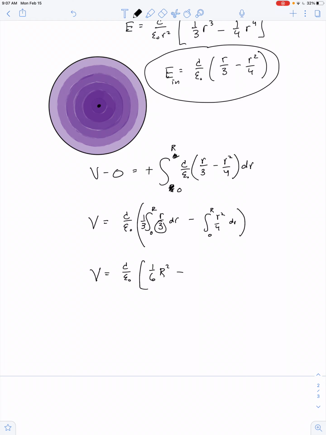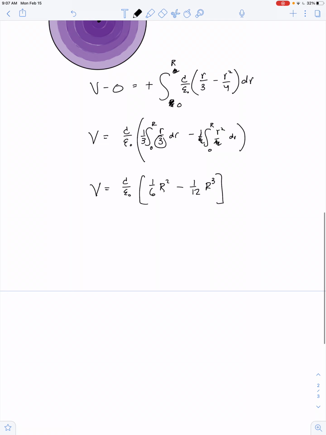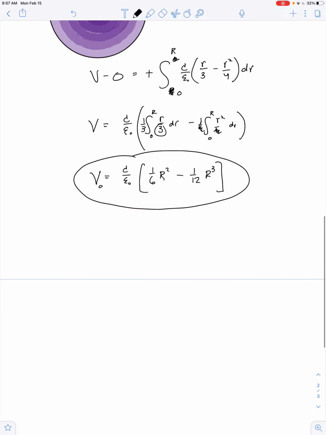Minus, okay, so we're going to pull out a 1/4, and then the integral of r squared is 1/3 r cubed, so 1/4 times 1/3 gives us 1/12. And there you have it. That's the electric potential at the center of this non-uniform spherical charge distribution.